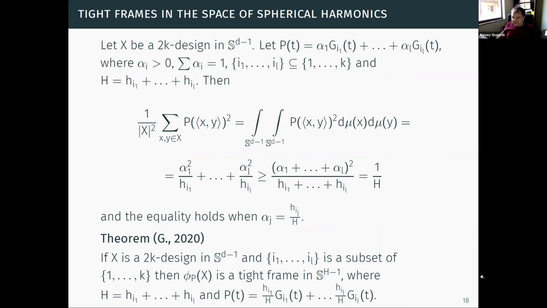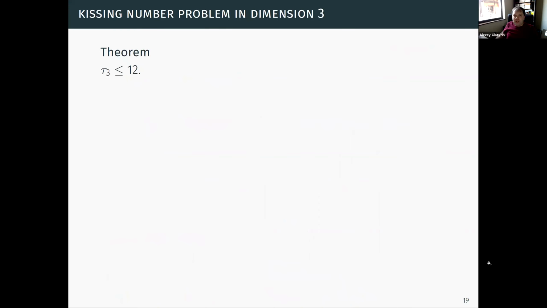All right, and for the last part of my talk, I would like to show a short proof of the Kissing number problem in dimension 3, which I essentially stumbled upon when I was working on this topic. It's not directly based on the mapping to the space of spherical harmonics, but it's fairly nice, and hopefully I can explain it in 5 minutes too.